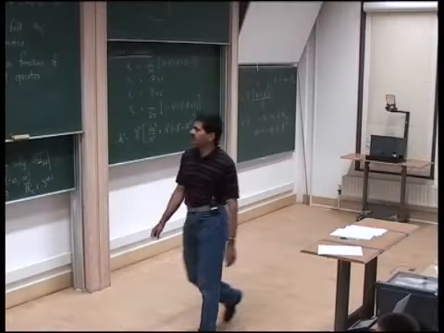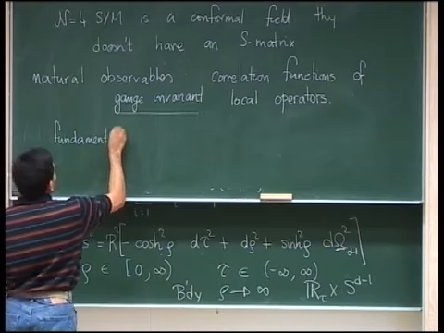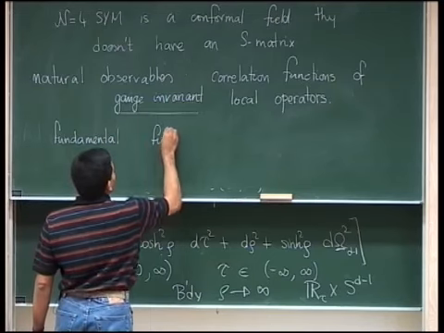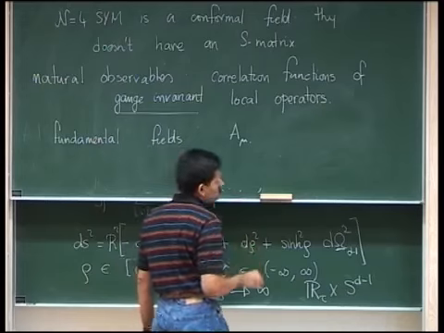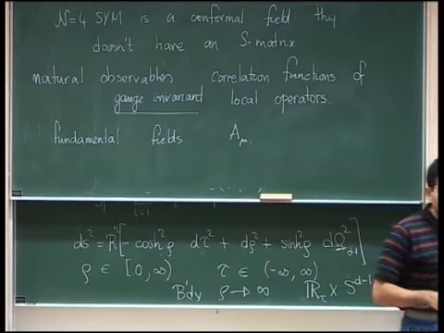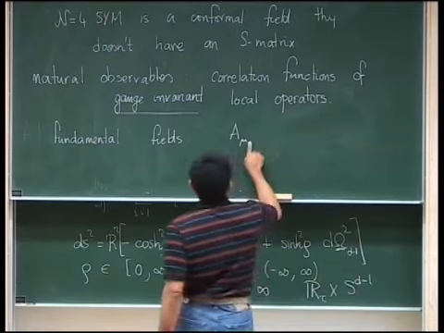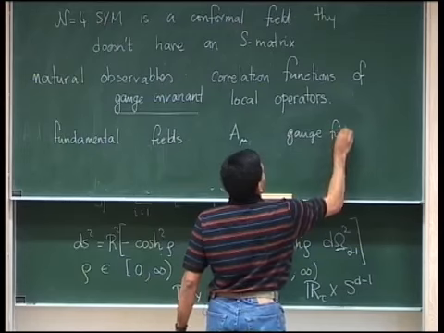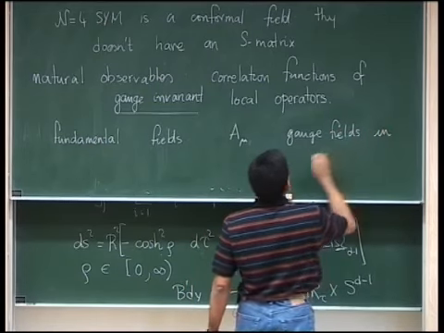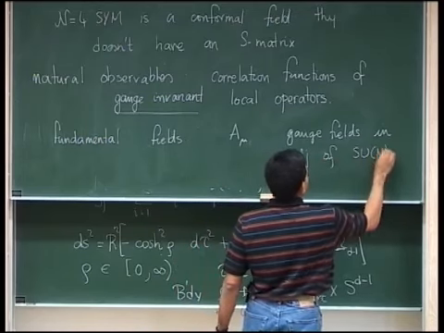I take my fundamental fields of this theory. For N equals 4, it's a gauge theory, so there are gauge fields, and these transform in the adjoint of my gauge group, which I will take to be SU(N).